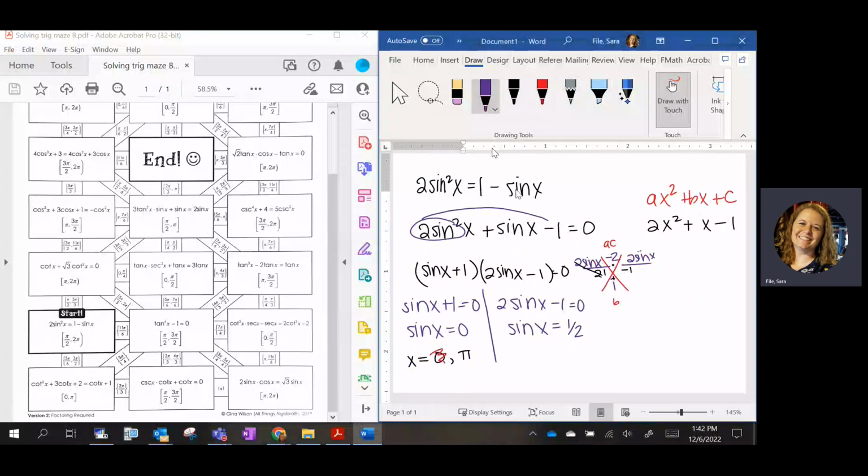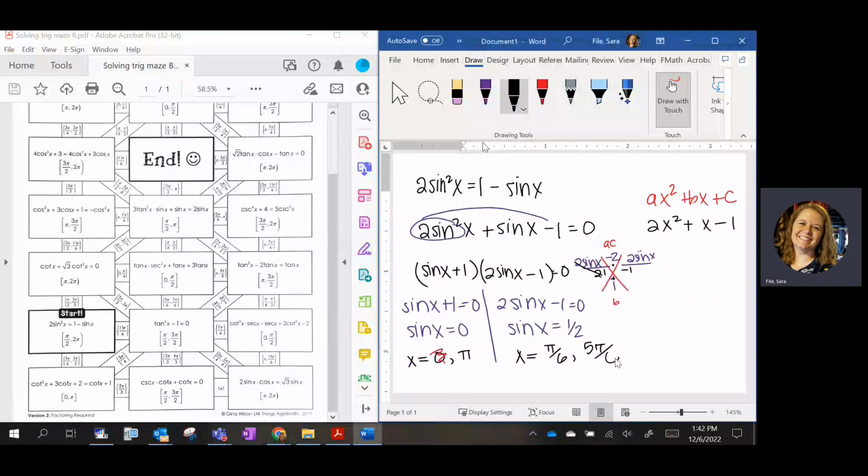Okay, on this side, where on your unit circle is sine 1/2? Sine is 1/2, the y value is 1/2, at your pi/6 or 30-degree reference angles. And it's positive in quadrant 1 and in quadrant 2.